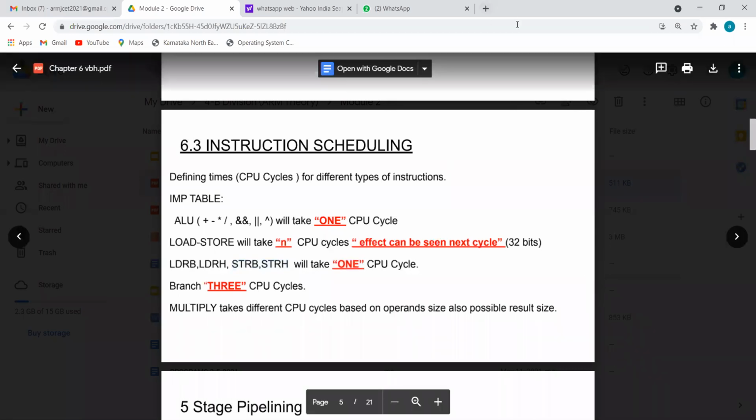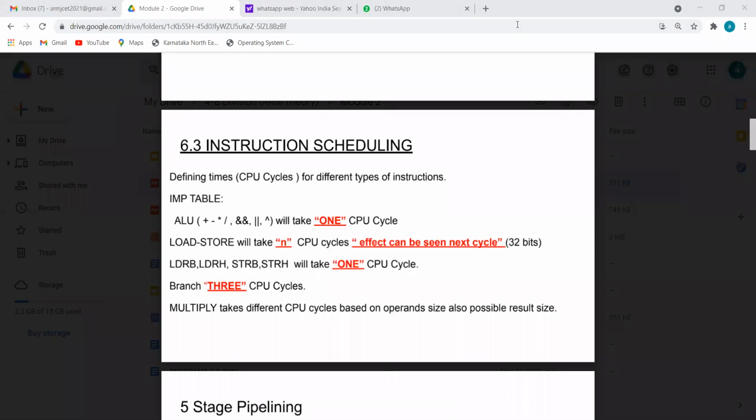So now can anybody answer, if LDRB, LDRH, STRB, STRH will take 1 CPU cycle each, who will take more than 1, which we call n? Can anybody answer in the chat box?